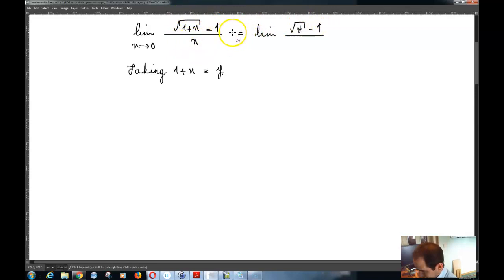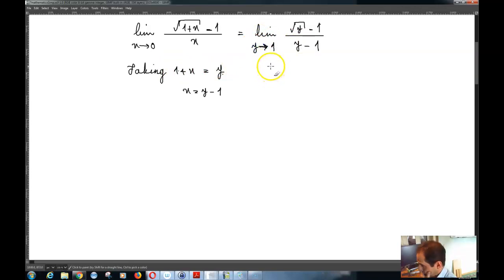So your x is going to be equal to y minus 1. Then instead of x you can write y minus 1. And of course here x tends to 0. Now if x tends to 0, y tends to 1, right? Because x gets very close to 0, so y gets very close to 1. So here you can write y tends to 1.